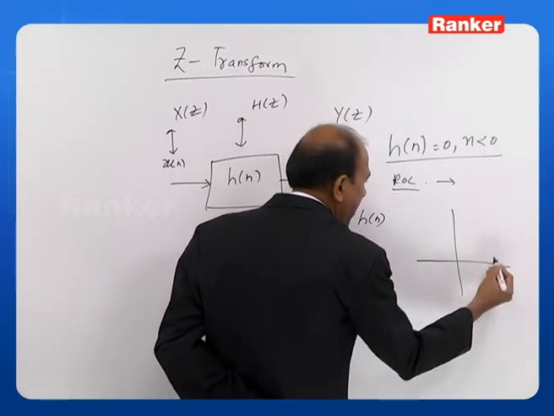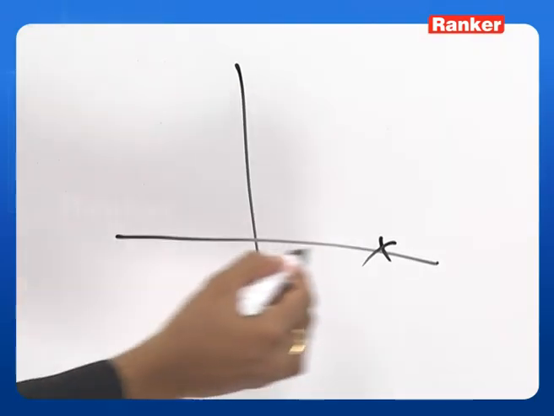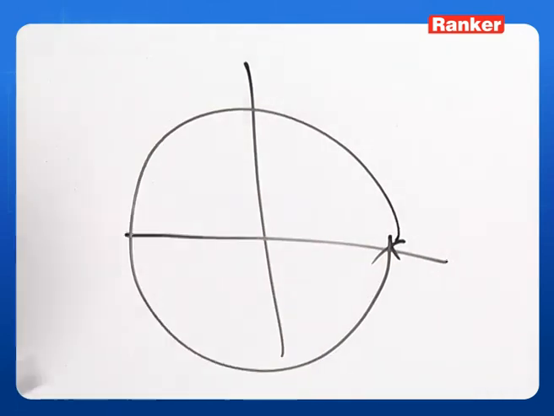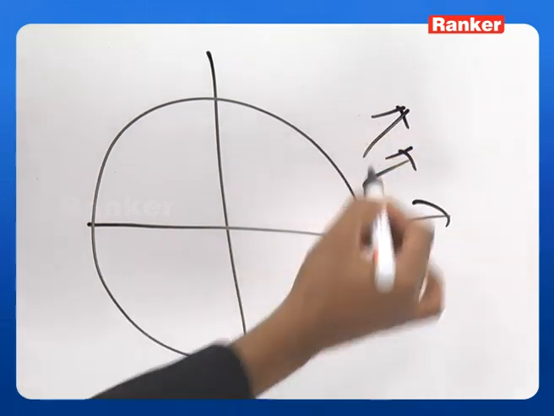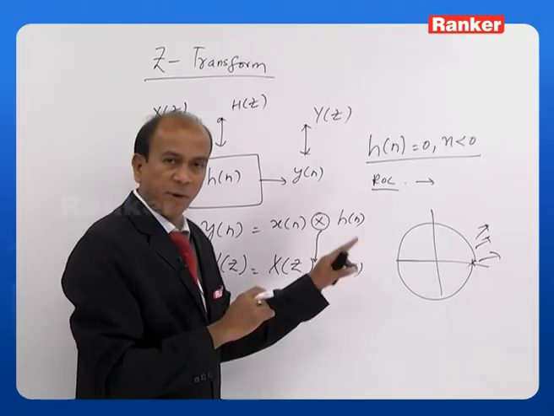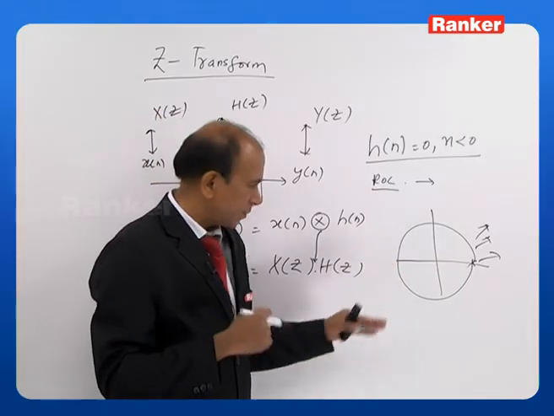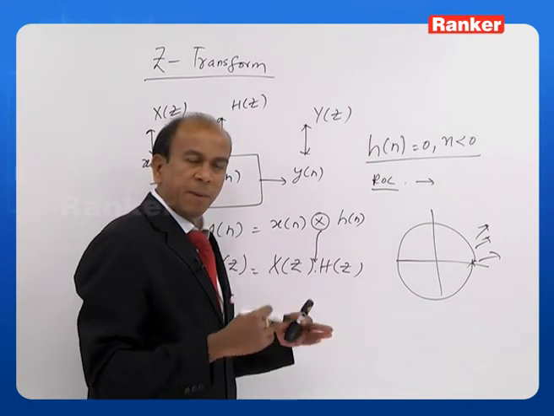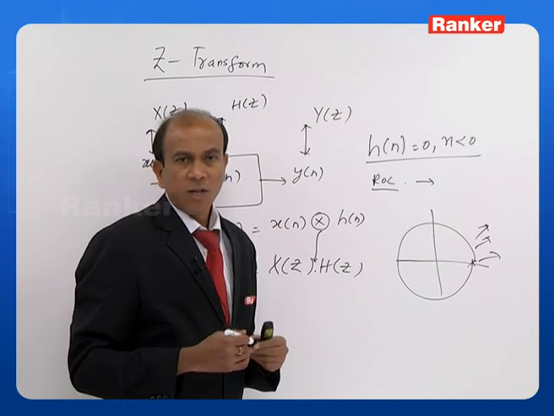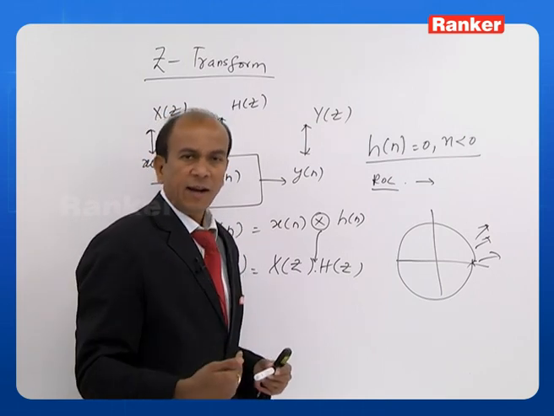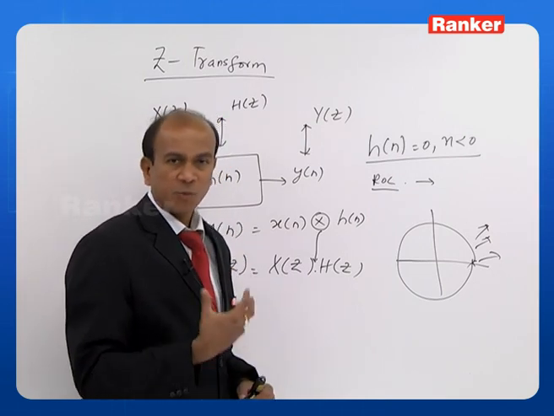For example, let us say my pole is here. This will be the outermost pole and my ROC exists beyond this. So, this is about the ROC for a causal system when I am using the Z transforms. Then finally, the power of the numerator must be less than that of the denominator. So, all this is the characterization using Z transforms.